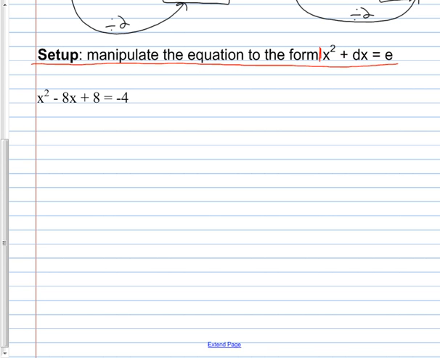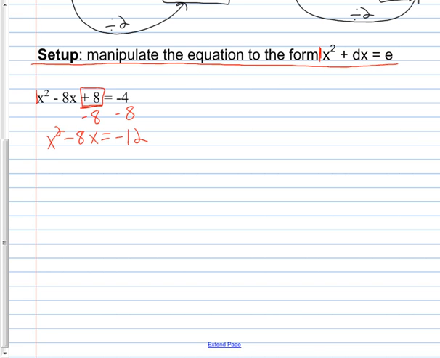Okay, so right now I need to manipulate this equation. I have 1x squared, but I don't want to have any numbers besides the x terms. So we have to move the 8 over. So it's x squared minus 8x equals negative 12. So this is the x squared plus dx equals e form. And now we can complete the square on the left side of my equation.